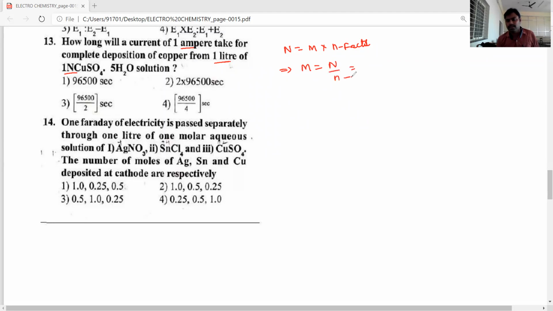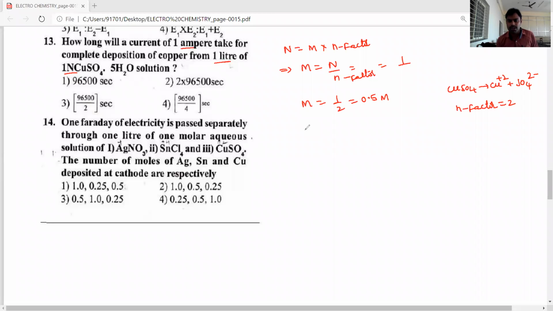Normality is 1, and the n factor for copper sulfate is 2, for copper sulfate is converted into Cu2+ plus SO4 2-. That's why its n factor is 2. Then molarity equals 1 by 2, which is 0.5 molar.